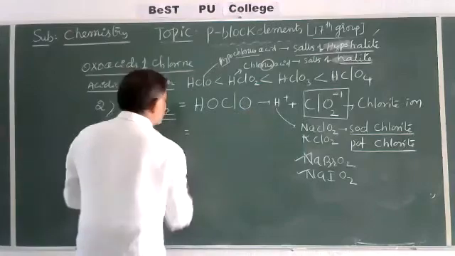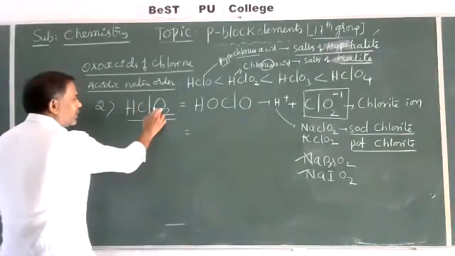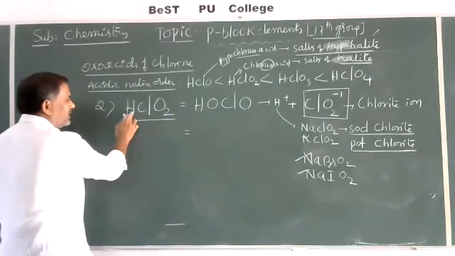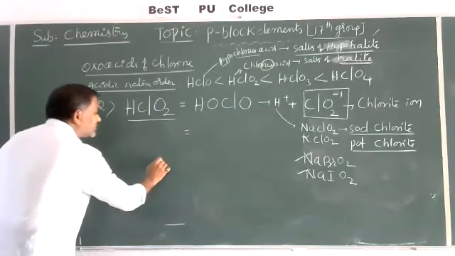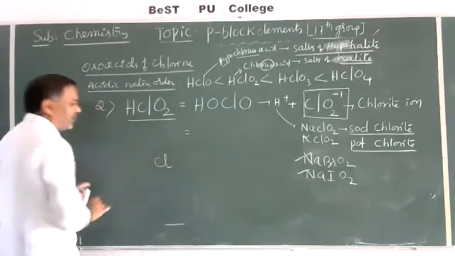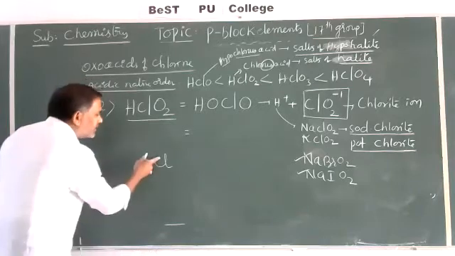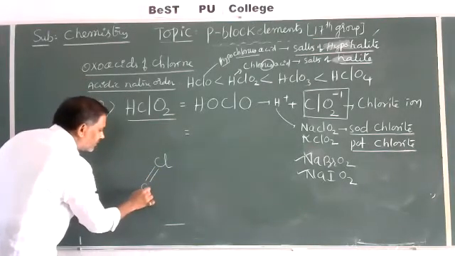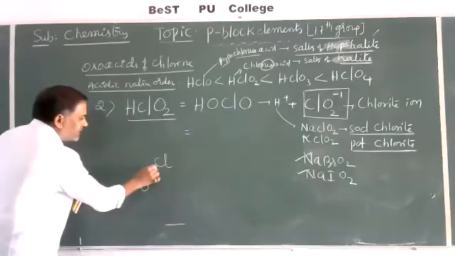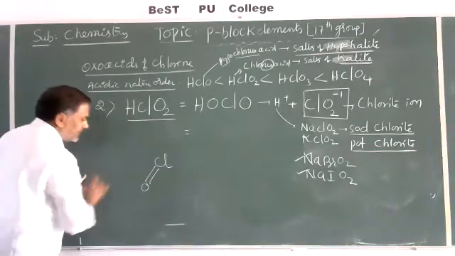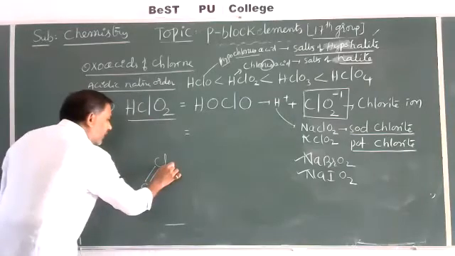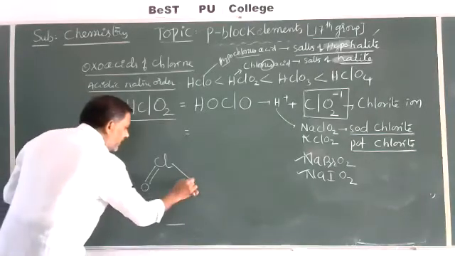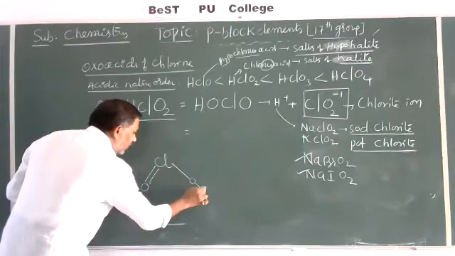Similarly, for this one the structure has two oxygen atoms and one chlorine. Here chlorine is considered the central element. On this chlorine, 7 valence electrons are there. Out of 7, one is bonded with one oxygen, and one unpaired electron reacts with this OH group.